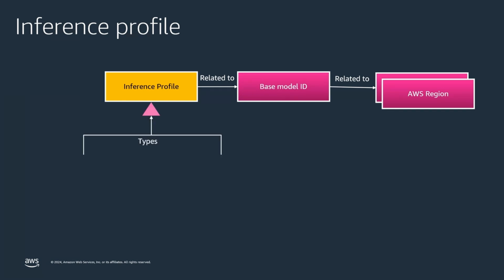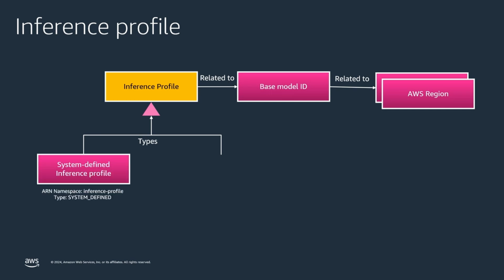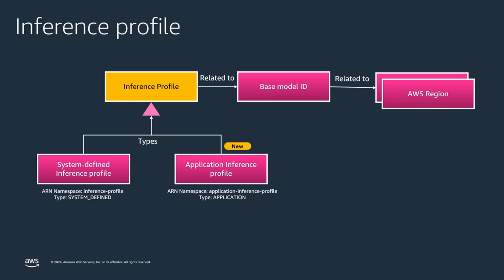Now, there are two types of inference profiles. There is a system-defined inference profile, and these inference profiles, as of today, are used for cross-region inference on Amazon Bedrock. This is a resilient type of invocation on Amazon Bedrock that will bounce between two regions depending on availability. But for today's video, the other type of inference profile are user-created inference profiles, otherwise known as application inference profiles.